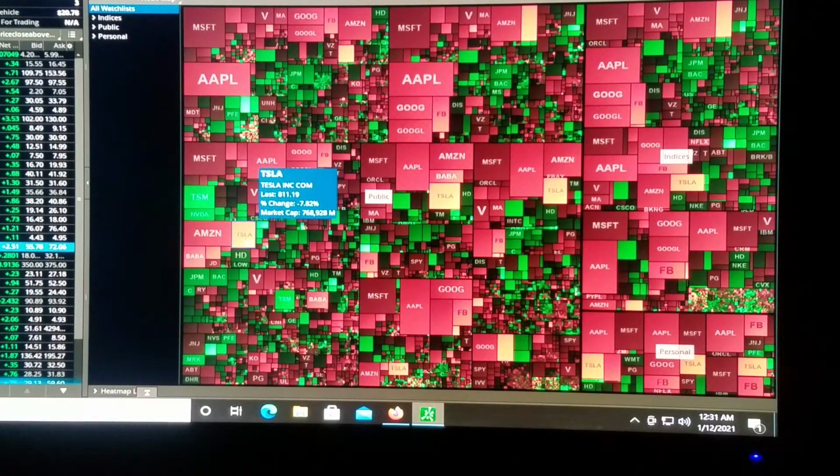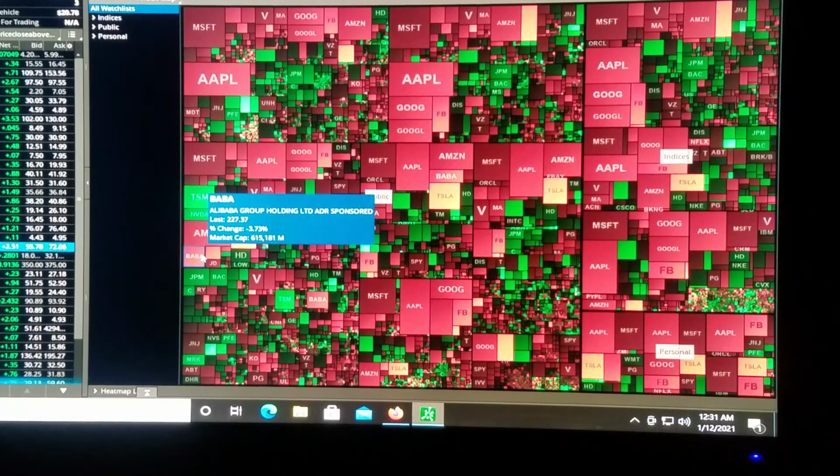Tesla was one of our biggest pullbackers. Yep, I can see Tesla pulling back good, but that's okay. Looks like Baba pulled back some too. Oh, delicious. That's a great price for Baba. Alright. Good discounts.